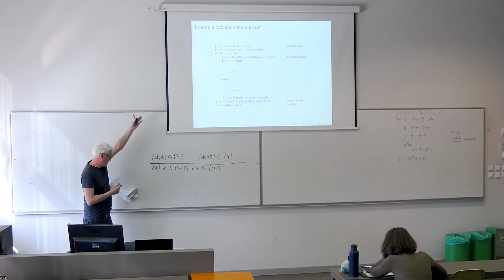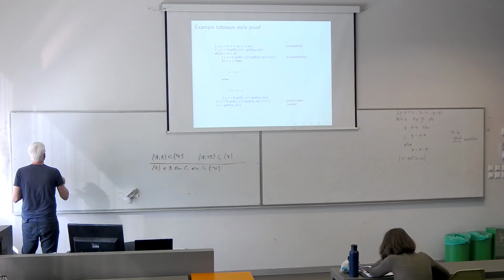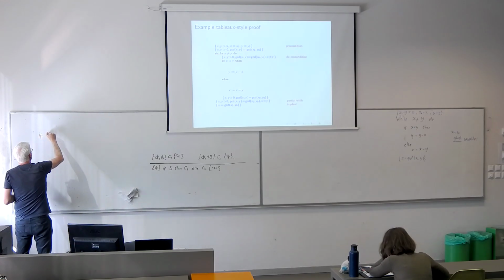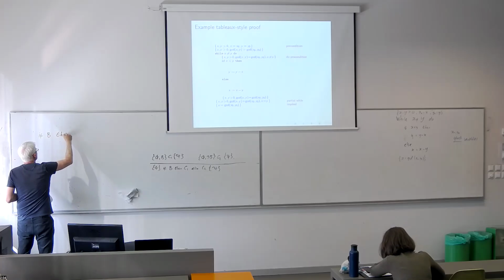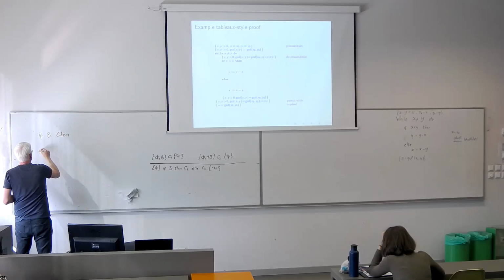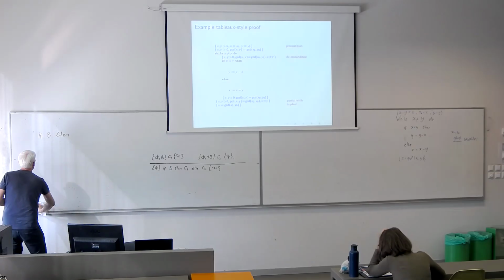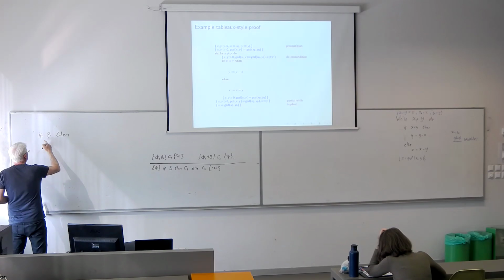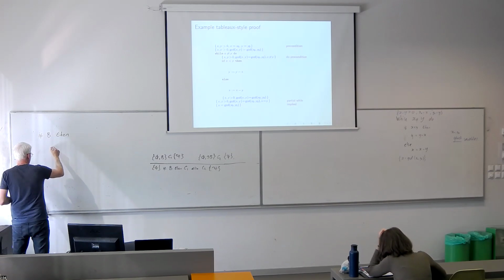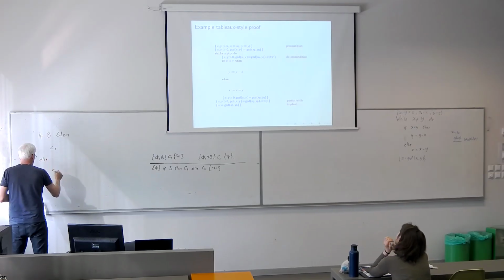In order to have the tableau version of that, we can nest the program like this: if B, then C1, else, if B is not true, C2.